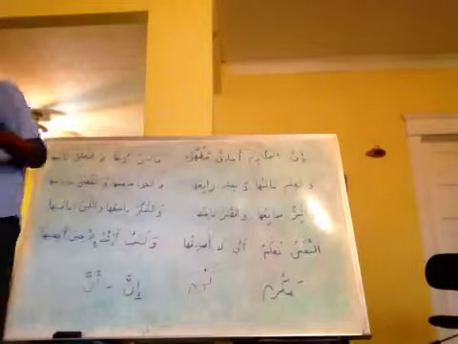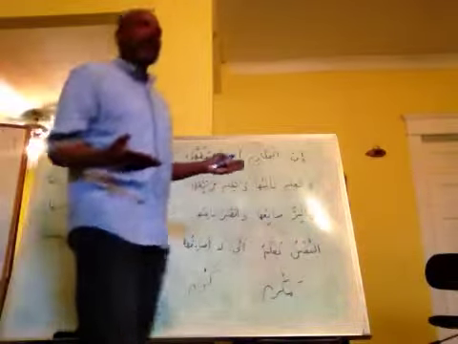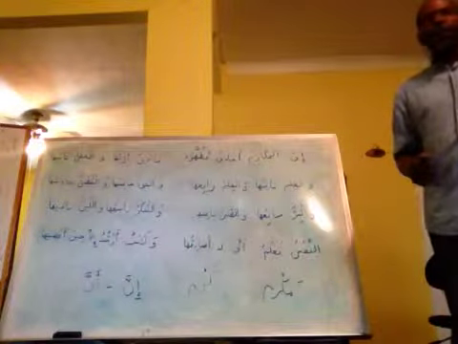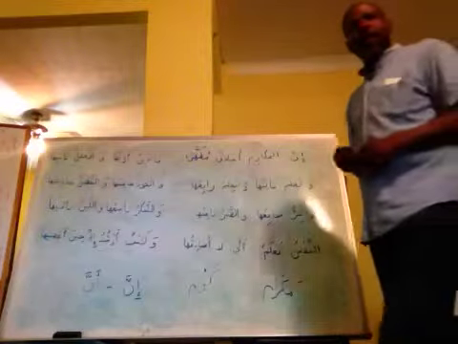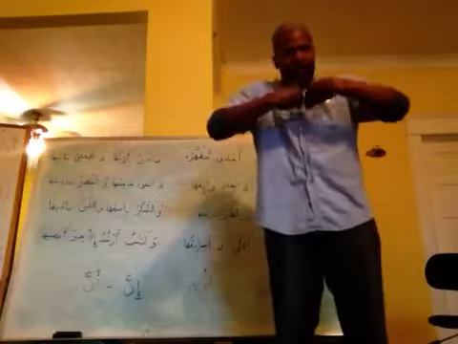Everybody see makram? Makram. Or you can put ta marbuta on it, makrama. So you see what makrama means? It means a trait, a character, a quality. See it, Ali? Yes.